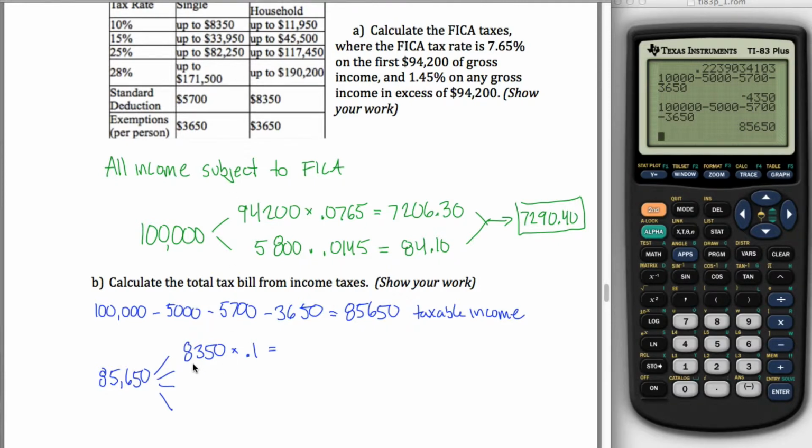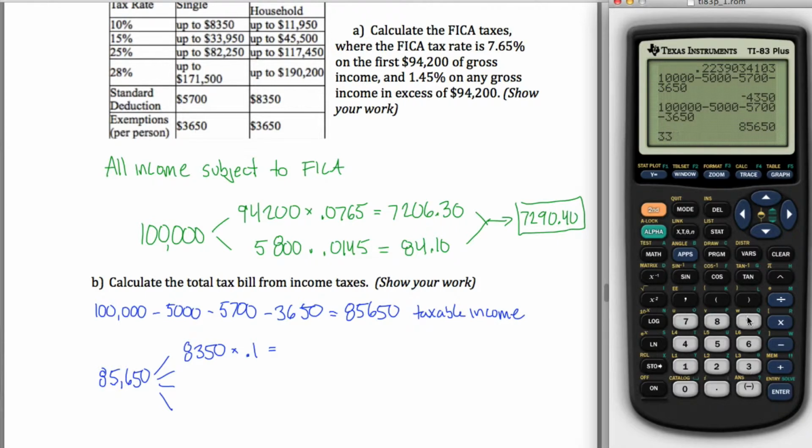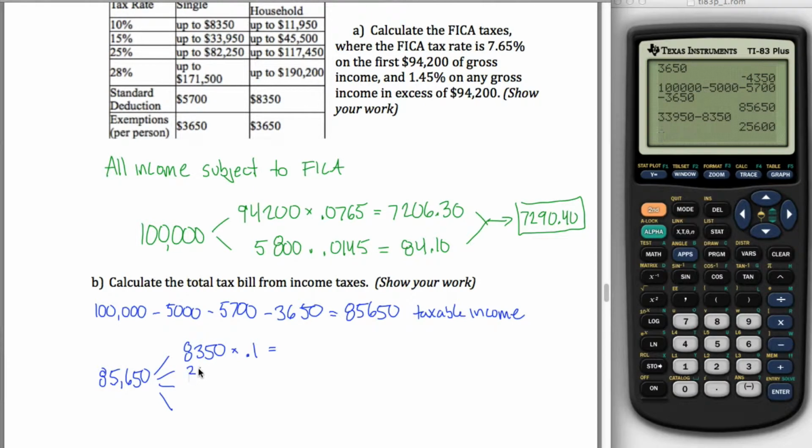That does not mean $33,950. That means $33,950 take away what was already taxed at a lower rate, that $8,350. $33,950 minus $8,350 is $25,600. So my first $8,350 is taxed at 10%. My next $25,600, which gets me up to a total of $33,950, is taxed at 15%.